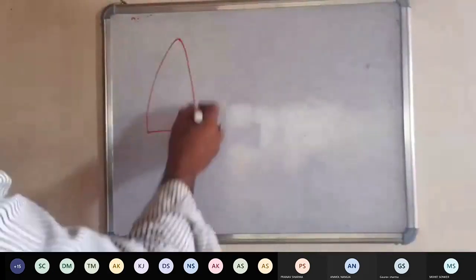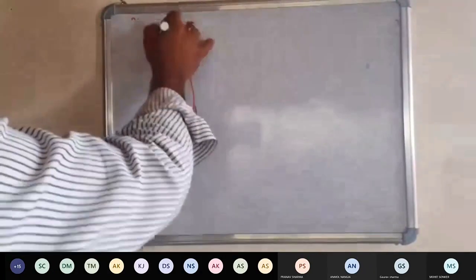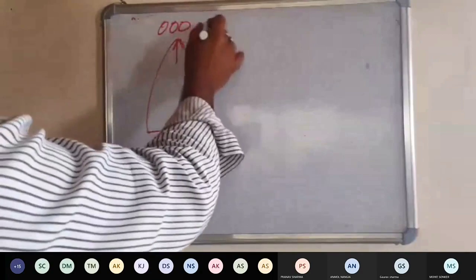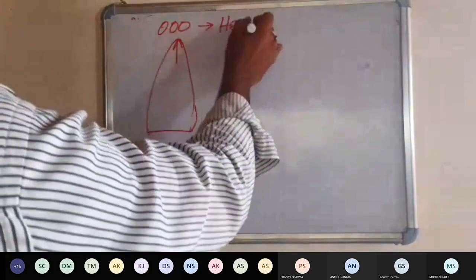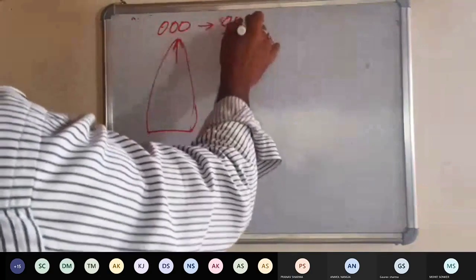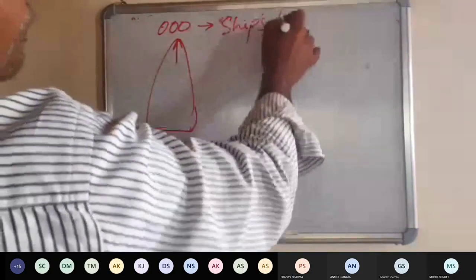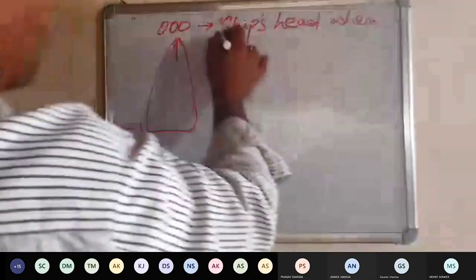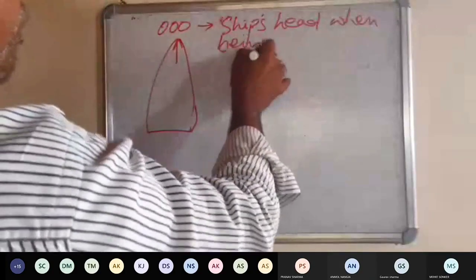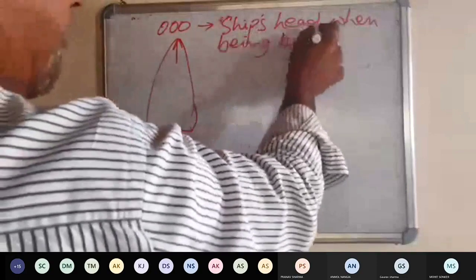When the ship was being built like this, 000 is what we refer to as the ship's head when being built.